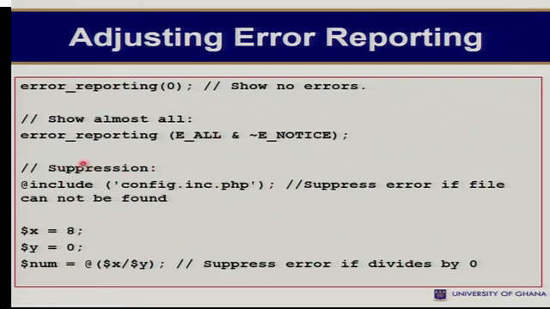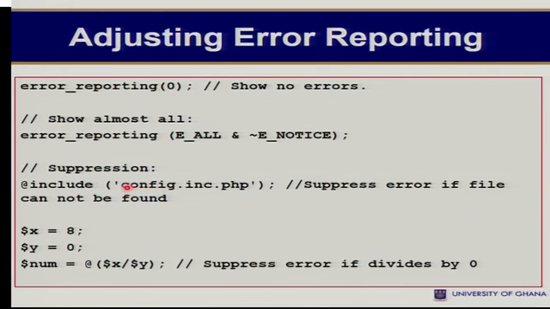You can also suppress errors. You can deliberately suppress an error. For instance, if you look at this, this is my PHP file, and I'm including another file, calling it into my current PHP file. I want to say that if this file is not available, don't show an error.